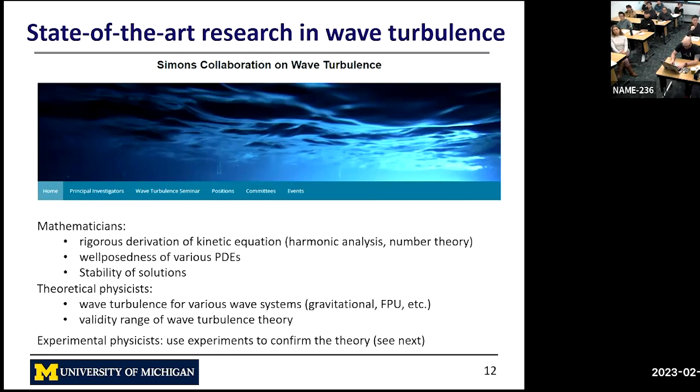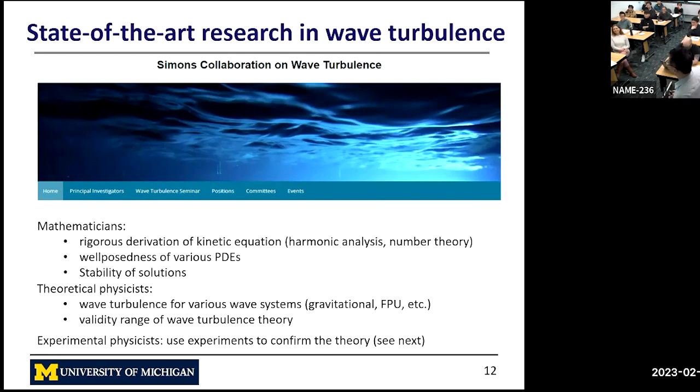There are 3 types of people in this collaboration: one is mathematicians, the second is theoretical physicists, and the third is experimental physicists. I think I belong to the second group, but I also work a little bit on mathematics these days, not too much because it's hard for me.